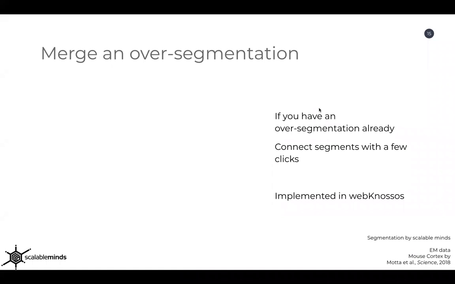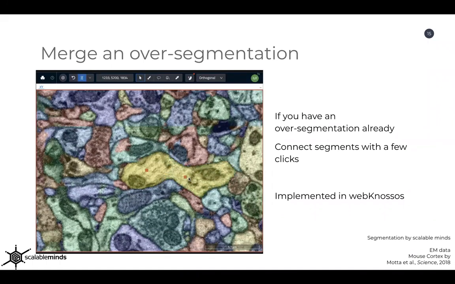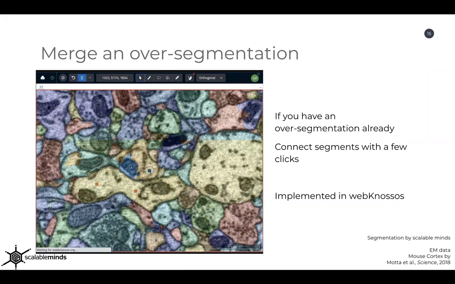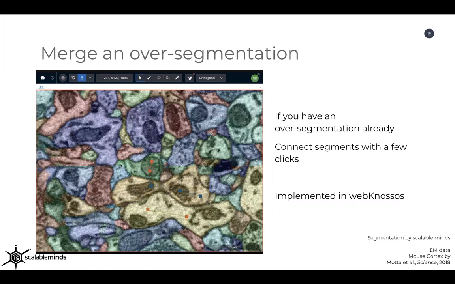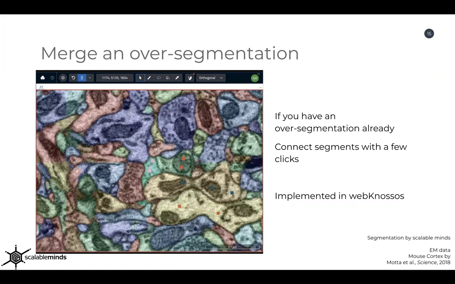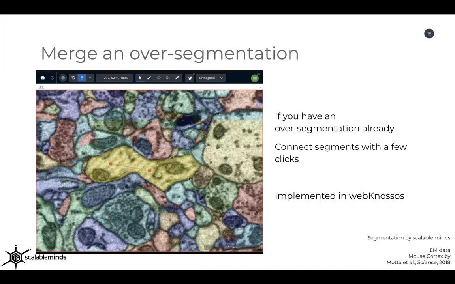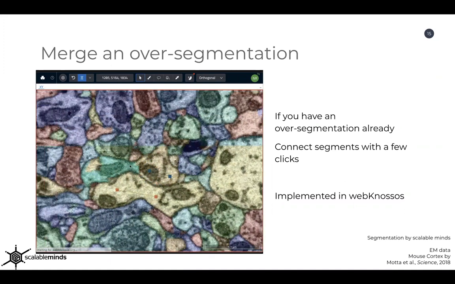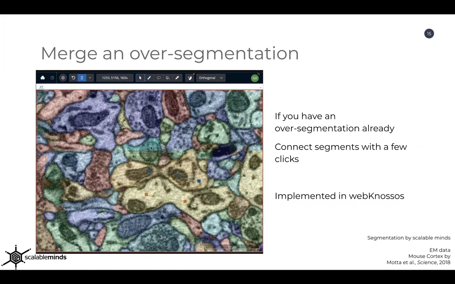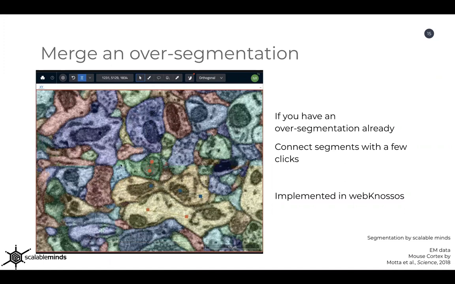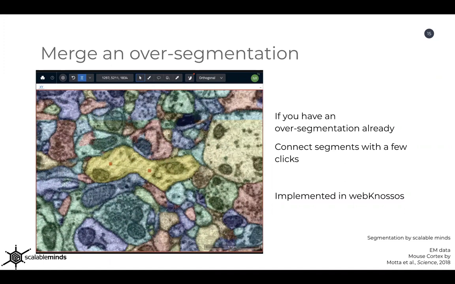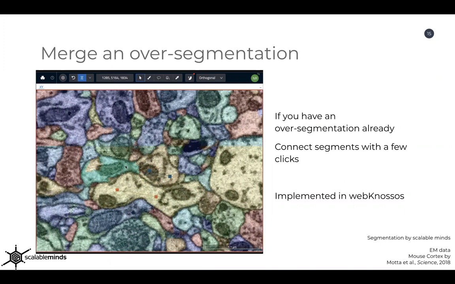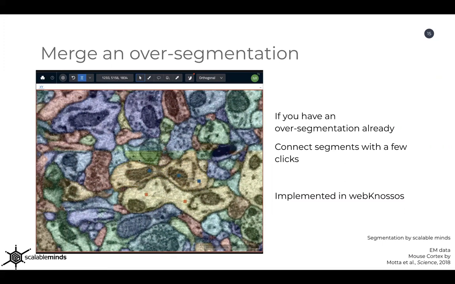If you're working with a machine learning system, then in some cases you may already have an over-segmentation. An over-segmentation means that you have more segments per object than you actually want, so it has errors in it. And with a tool like webKnossos, where we have this merger mode, you can be very fast at correcting these errors, and you will get a high quality annotation out of that.